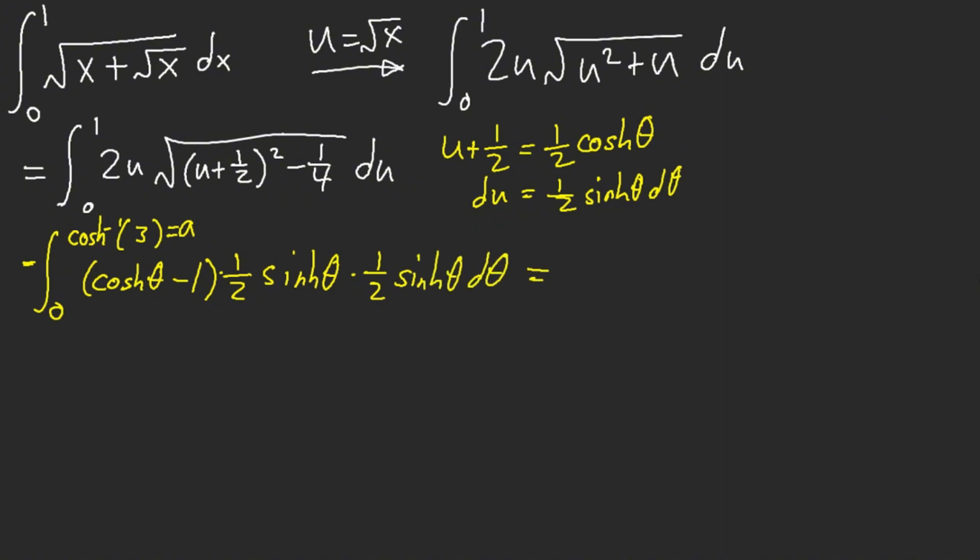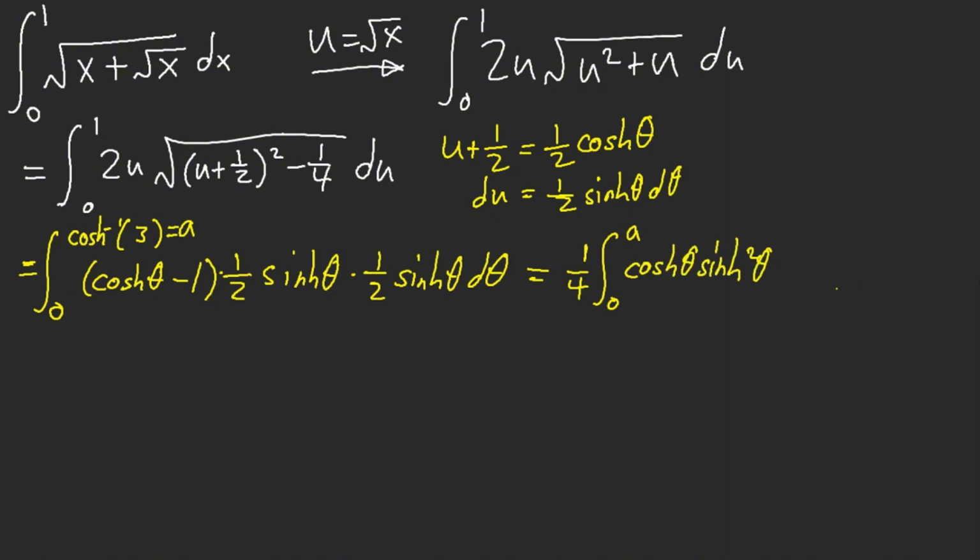Okay, so now what we have is 1/4 of the integral from 0 to a of cosh theta sinh squared theta, minus the integral of sinh squared theta d theta.